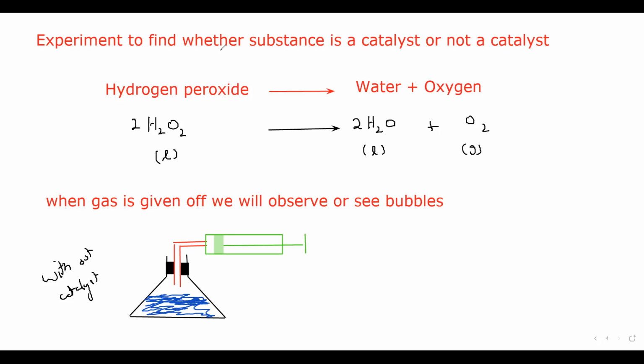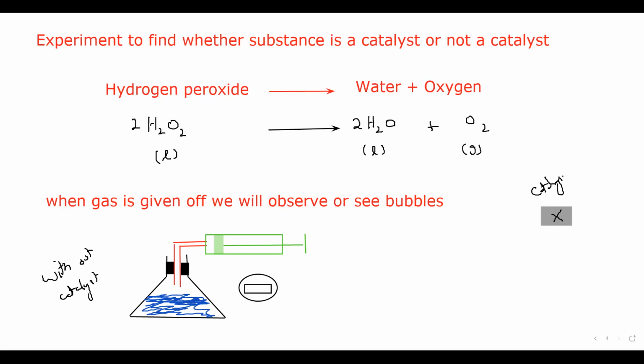Whenever we are working out the rate or speed of a reaction, we should always have a stopwatch, because rate is always calculated with reference to time. So we'll measure how much gas is given off with respect to time without a catalyst. After that, say this is a substance X, and we want to find whether substance X is a catalyst or not.